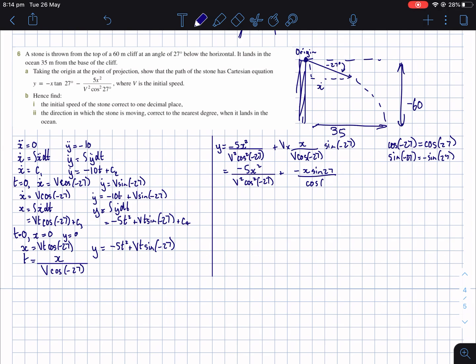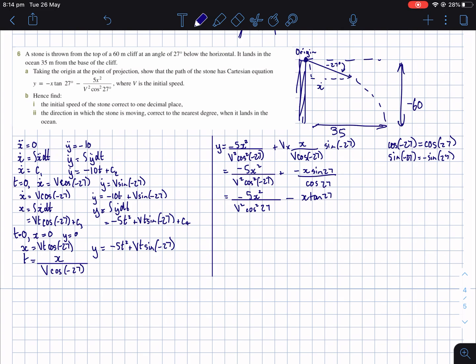Why did I put those brackets in? It was a weird choice. Anyway, I've got minus 5x squared over v squared cos squared 27 plus x tan 27. Done.